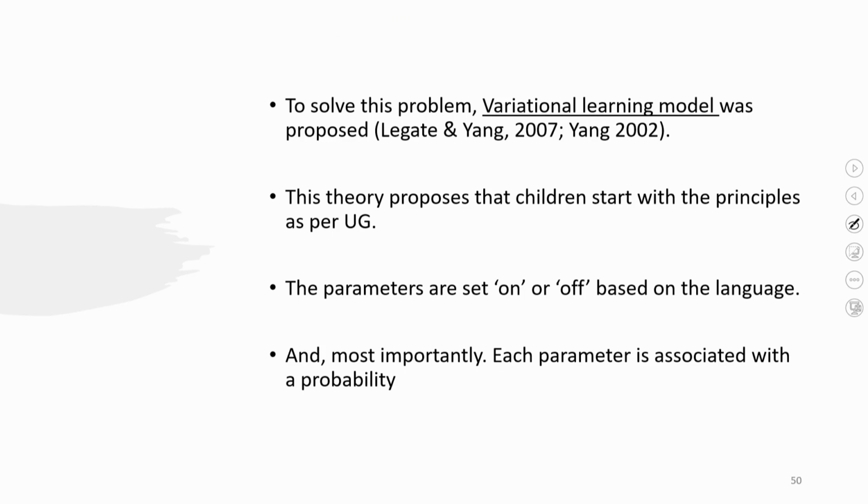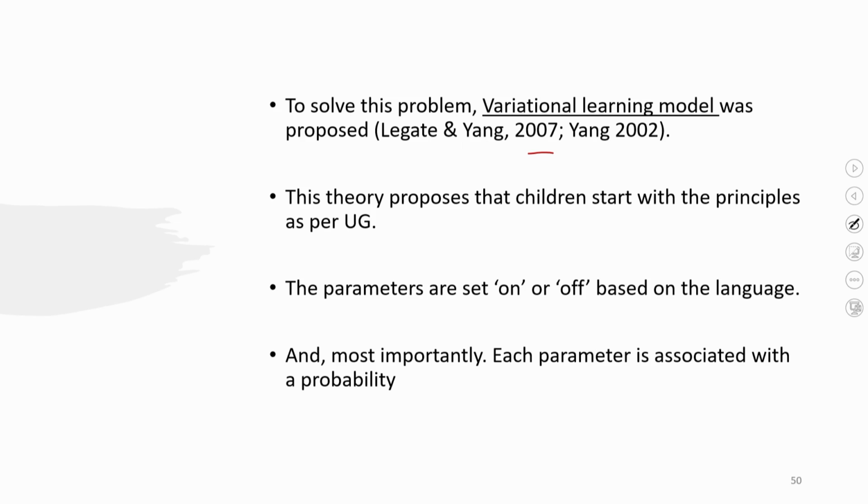This is called the variational learning model, proposed in 2002 and again in 2007. The idea is that the children start with the principles as per universal grammar, the innate grammar, and the parameters are set on or off based on the language. But most importantly, which is the contribution of this model, each parameter is associated with a probability.